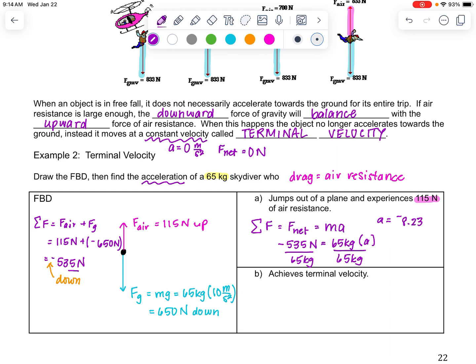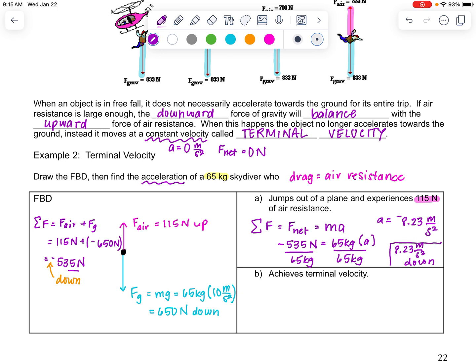My units are meters per second squared. It's negative, so I could say 8.23 meters per second squared down. Both of those options are the same. Just make sure you don't say negative 8.23 meters per second squared down, right? That's just being redundant. This is my answer here.